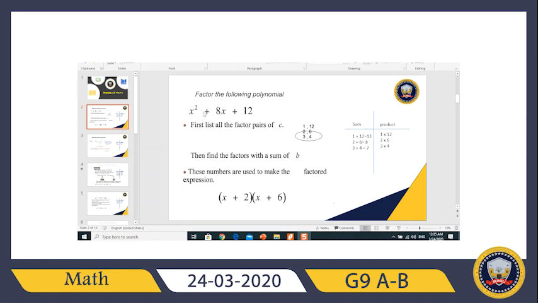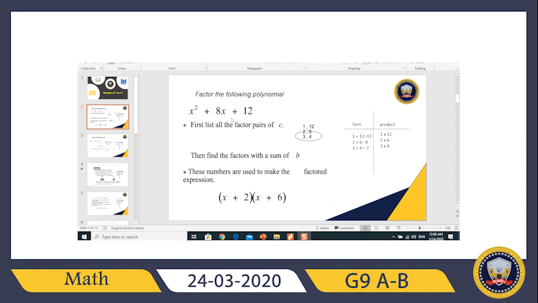No, it's very clear that I cannot take a common factor from these 3 terms. Also, it's not a binomial, it's a trinomial, so I will go for the new method of factorization, which is factorizing the trinomial.